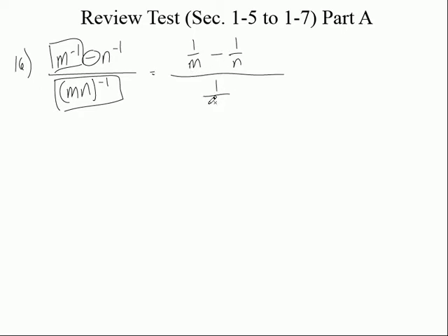So that's what I'm going to do right here. I'm going to write 1 over mn. Make sense? So all I did was take all these things individually, and I just changed it so I don't have a negative exponent. I didn't flip it to the top. I didn't flip it to the bottom. I just kept it where it was, but I made it 1 over m, 1 over n, 1 over mn. Now we don't have to worry about any negative exponents, right?